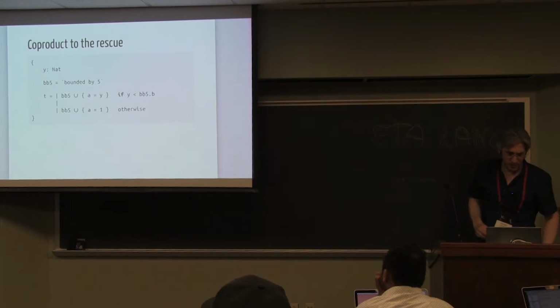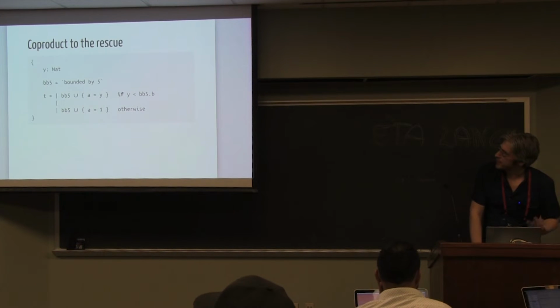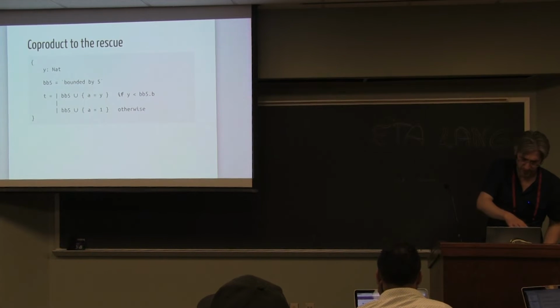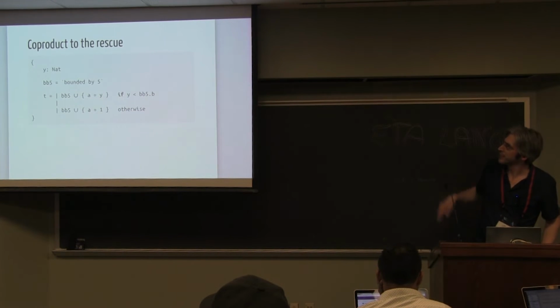Sorry, I'm going a bit too fast, but there's a lot to go through. I created an alias bb5 for bounded by 5 just for readability, and then I'm creating this. This is more like traditional math. So the value on the left is returned if the condition on the right holds.